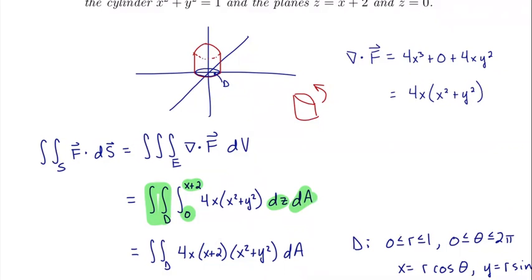Maybe we'll switch to cylindrical. We have a good feeling we're going to switch to cylindrical just because, after integrating z from 0 to x plus 2, which is essentially here up to this plane, all that's left is the cylindrical region D at the bottom of this circular disk that we need to integrate through.